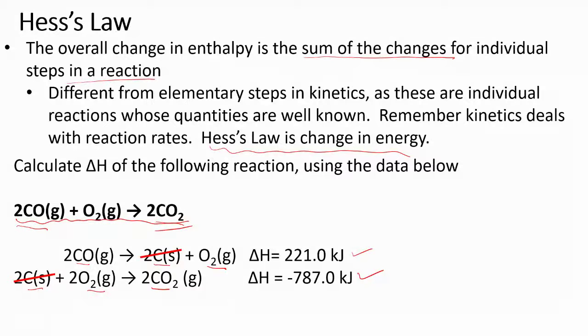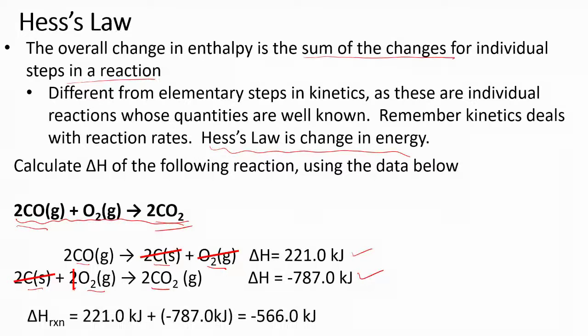All right, our carbons cancel out. Our oxygens, check this out. I have 1 oxygen as a product and 2 oxygens as a reactant. So I'm going to remove 1 oxygen from the reactant side to give me overall 1 oxygen as a reactant. Now, my delta H value is just simply the sum of these two parts.